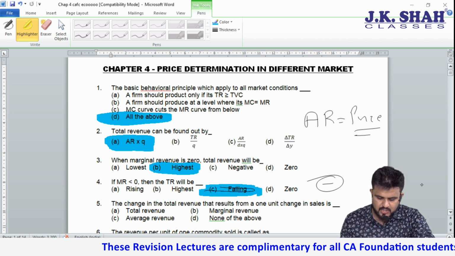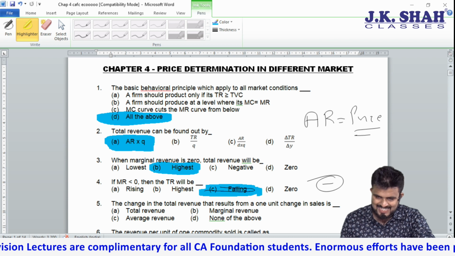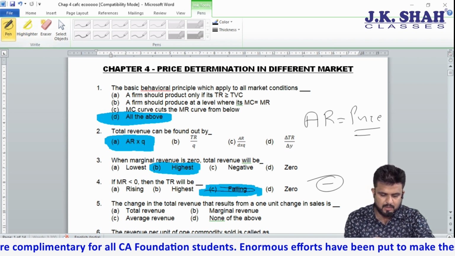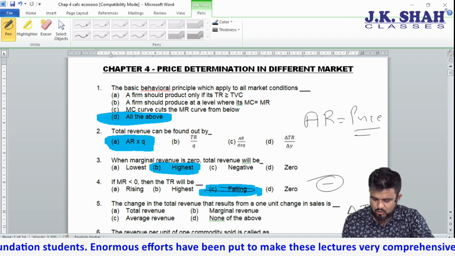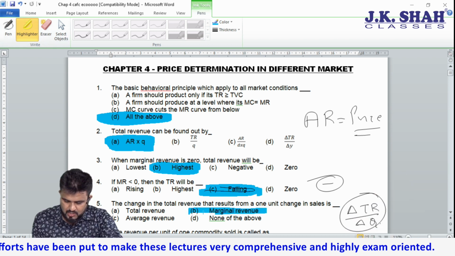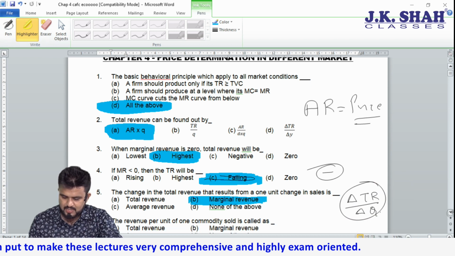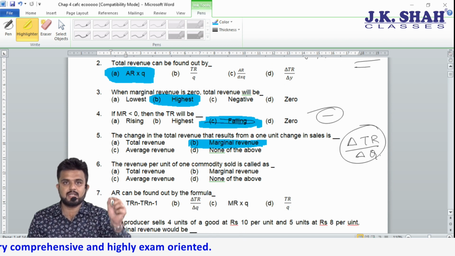Next, the change in the total revenue that results from 1 unit change in sales is. So that is nothing but, students, change in TR upon change in quantity, which will give you marginal revenue. B is the answer for fifth. Now moving to the sixth.